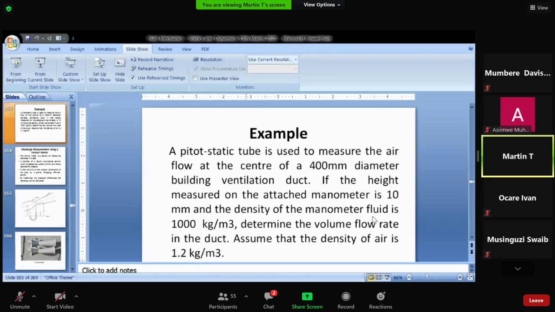Who thinks they have got it wrong? Who has an answer different from what has been posted in the chat?